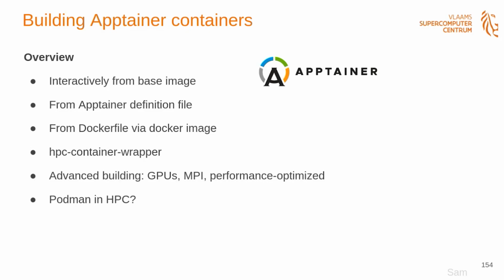This is a very convenient tool if you want to build container images with Conda packages or with pip packages, which we will see later. And then if there is some time, I will discuss a few more advanced topics like building for GPUs, MPI, or performance optimized containers. And then maybe also discuss a little bit the use of Podman in HPC.